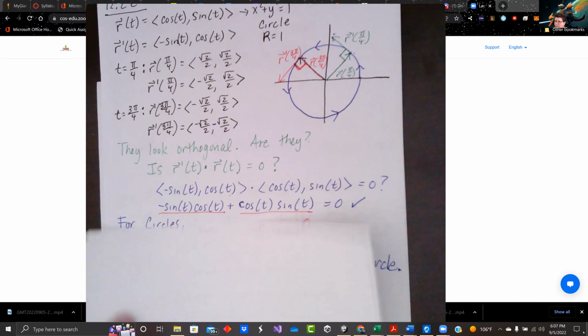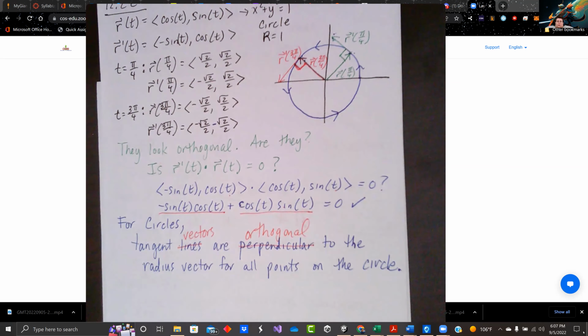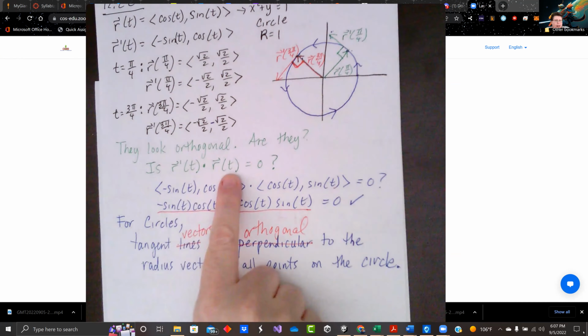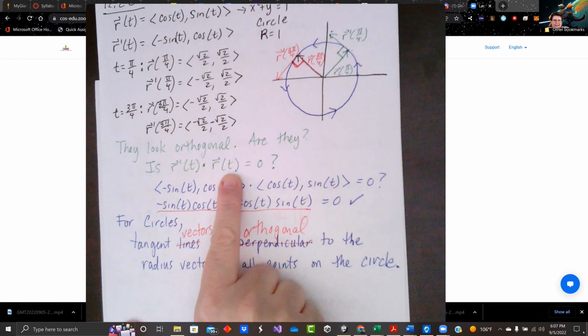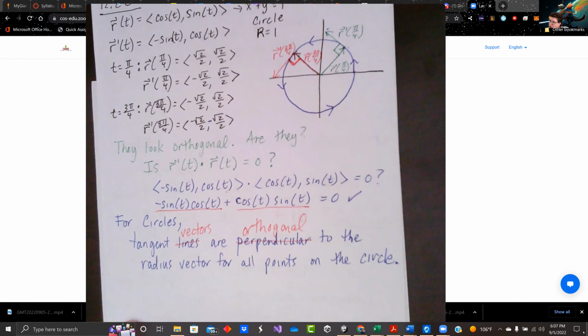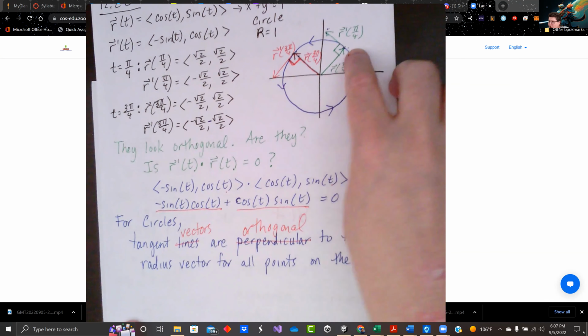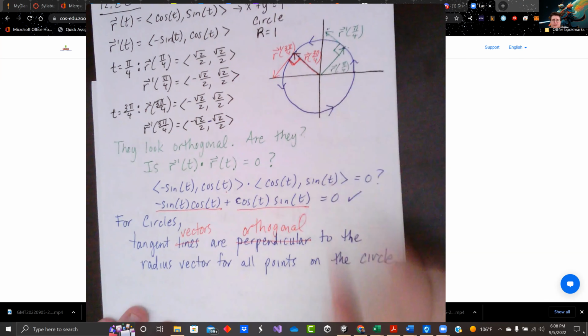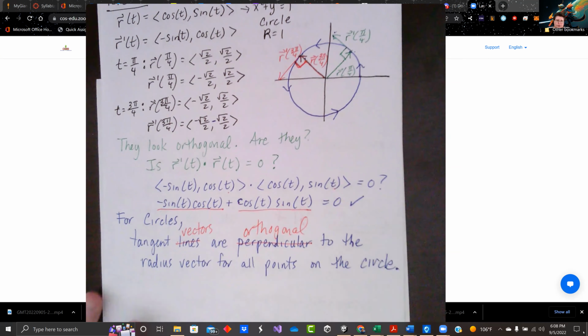We get 0. So for circles, the tangent vectors are orthogonal to the radius vector for all points on the circle. Notice in my dot product, I didn't specify a time. I used any t. So the radius is always orthogonal to the tangent vector on a unit circle. Not just a unit circle, any circle.